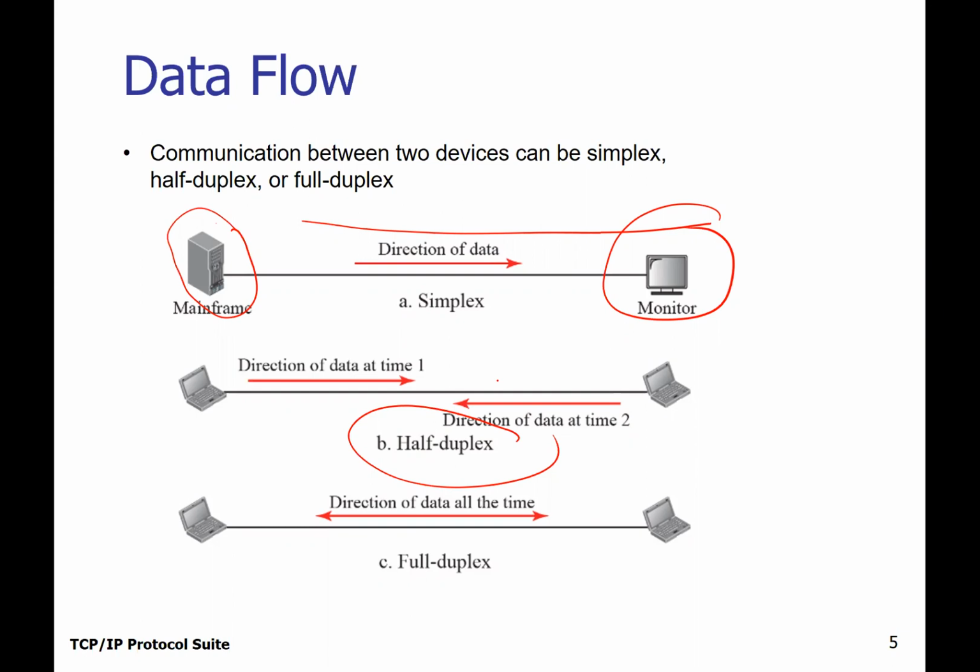If A is sending data, B has to wait. When A finishes, B can now send. So it's both directions, but only one can talk or send data at a time, right? Now full duplex, which is the common technology now, is when you can send and receive at the same time. I'm sending and receiving at the same time. So that's full duplex.